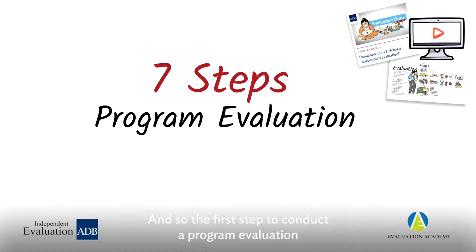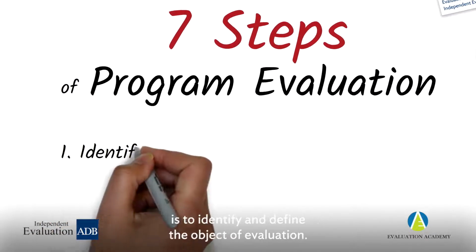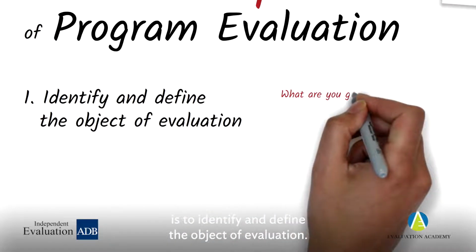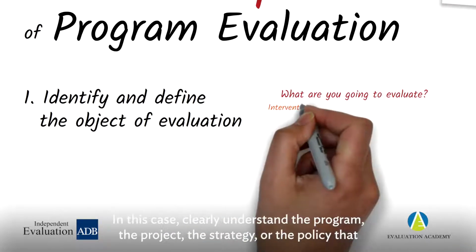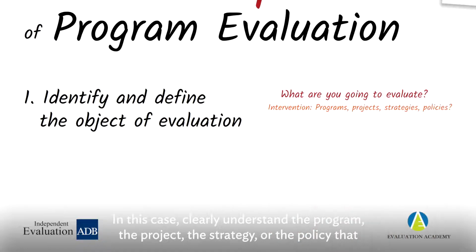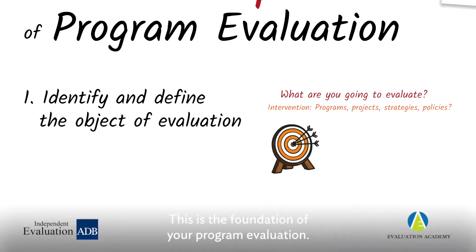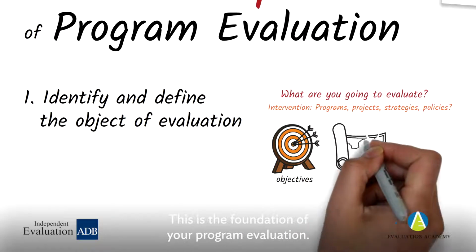And so the first step to conduct program evaluation is to identify and define the object of evaluation. In this case, clearly understand the program, the project, the strategy, or the policy that you are going to evaluate. This is the foundation of your program evaluation.